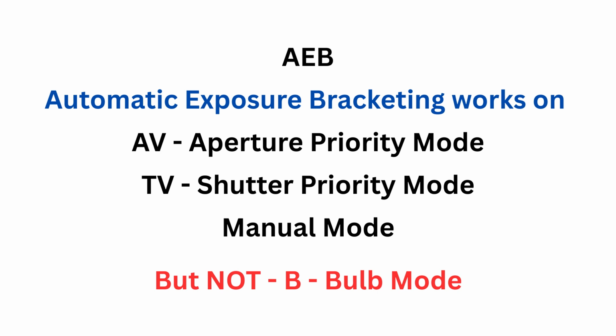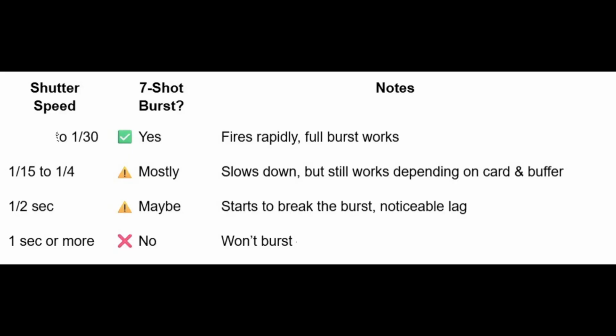The automatic exposure bracketing works in AV, aperture priority, TV, shutter priority, and also in manual mode, but it doesn't work in bulb mode. Also take note that if your exposures are beyond a certain shutter speed, as in too slow, the burst mode, which you have set for these automatic exposures, won't cope, so it doesn't actually fire them off.